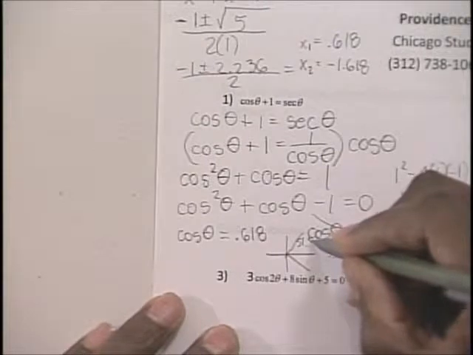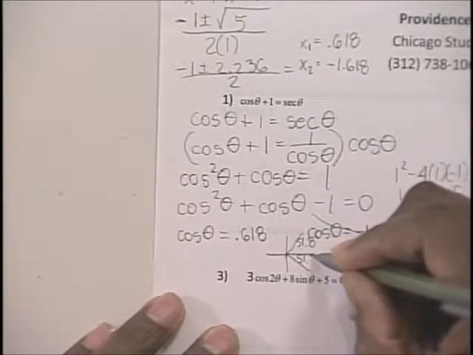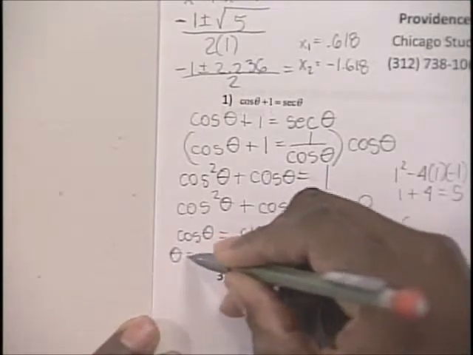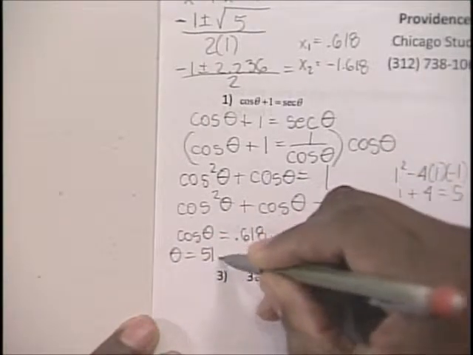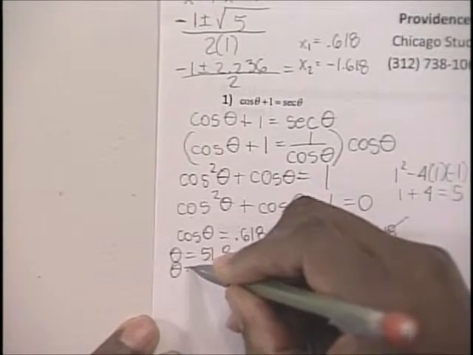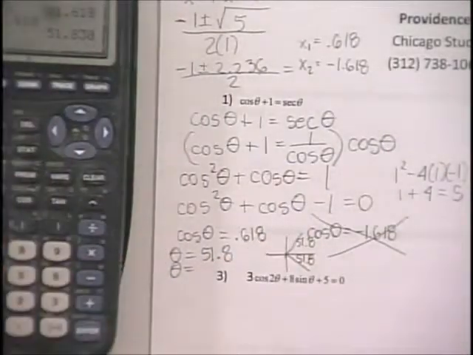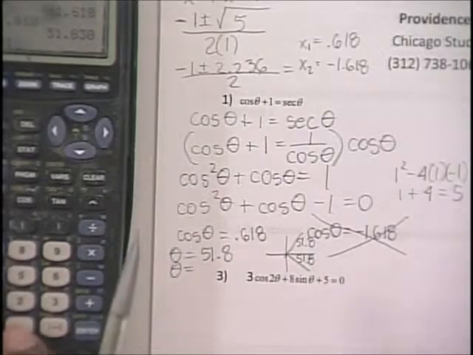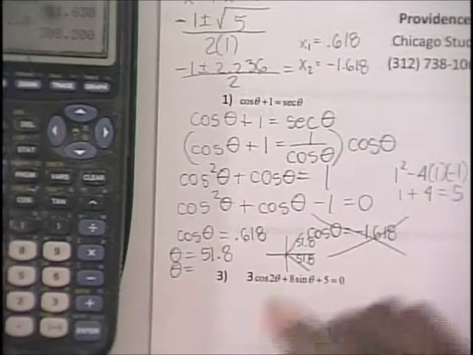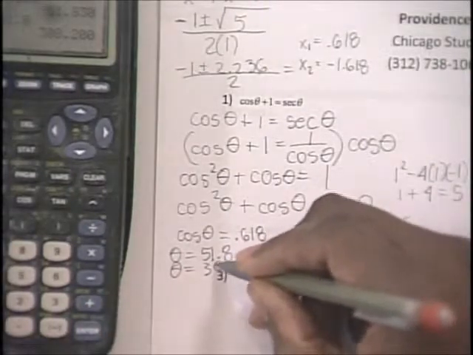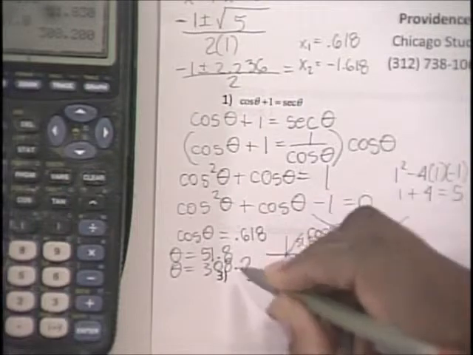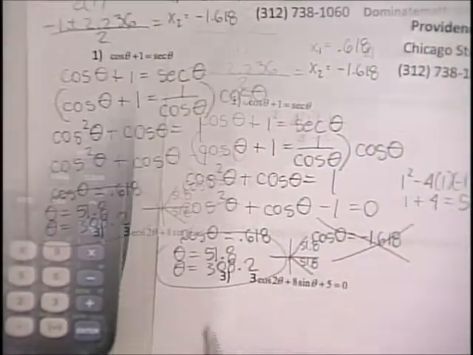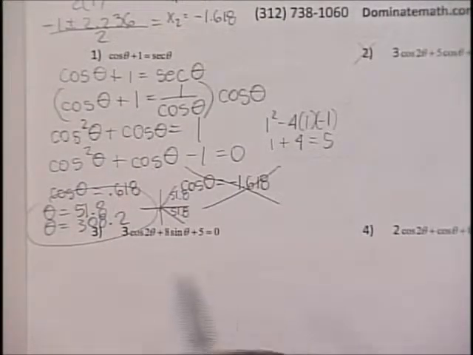It turns out that our answers would be theta is equal to 51.8 degrees, and the other answer would be 360 minus 51.8, which is 308.2 degrees. So the answers are 308.2 and 51.8 degrees.